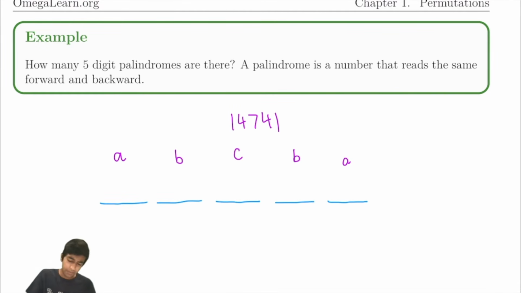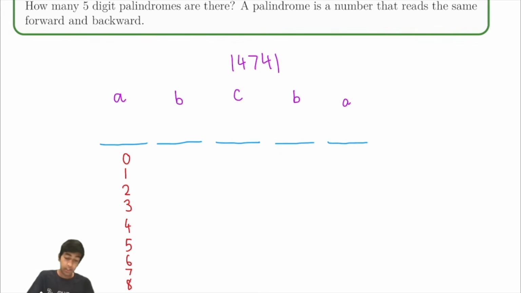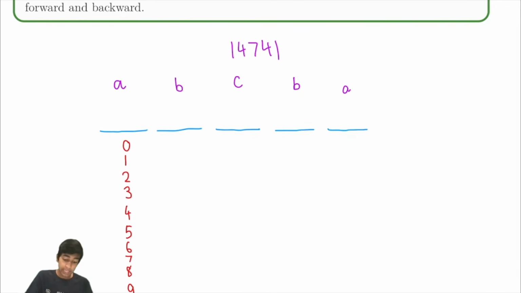So it can be anything from 0 to 9, right? No, because the first digit of a number cannot be 0. But it can't be 0, because you can't have a number like 04741. That's not a 5-digit number, because that can't start with a 0. So we've got 9 choices for this first digit.